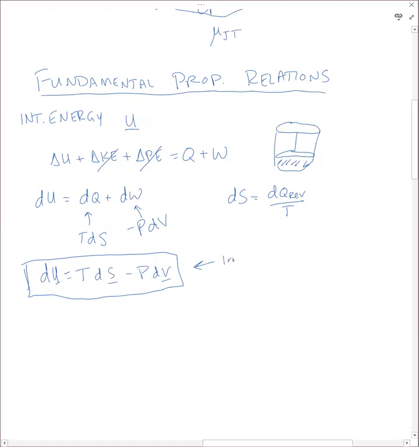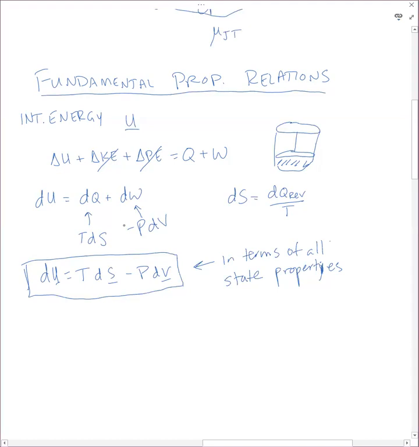These are explicitly in terms of state properties. And this means that, importantly, this equation is not just valid for a piston cylinder, but for any thermodynamic process. Remember, state properties don't depend on the path, they only depend on the start and end points. This is our first fundamental property relationship.